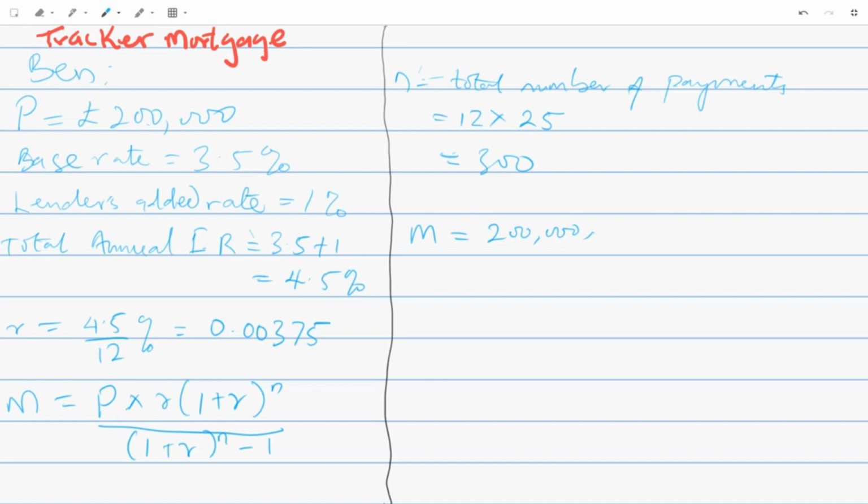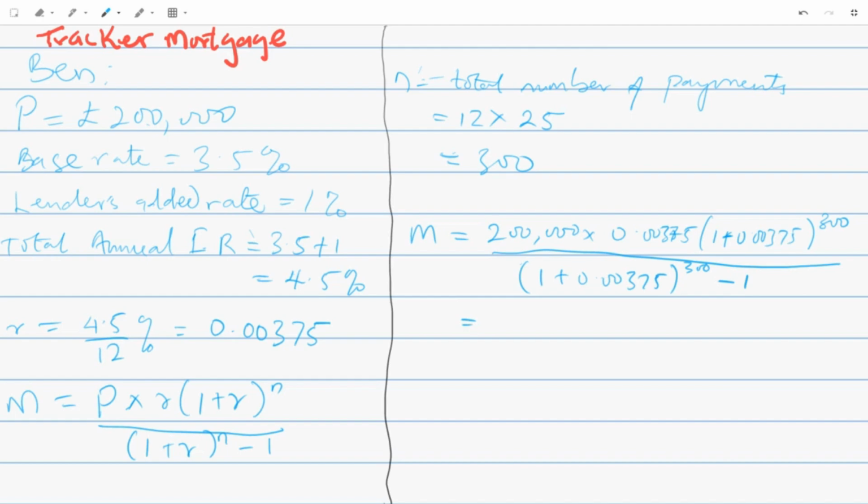So to do the calculation, we now have M equals 200,000 times 0.00375 [1 plus 0.00375]^300, and let's not forget that 300 over there, very important, over [1 plus 0.00375]^300 minus 1.